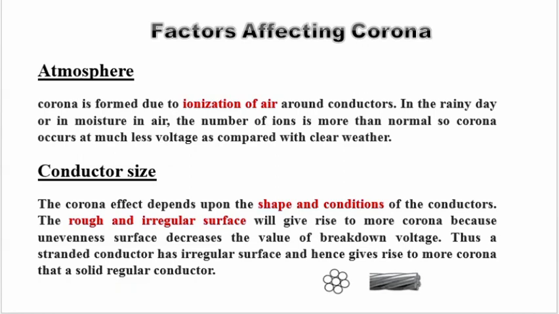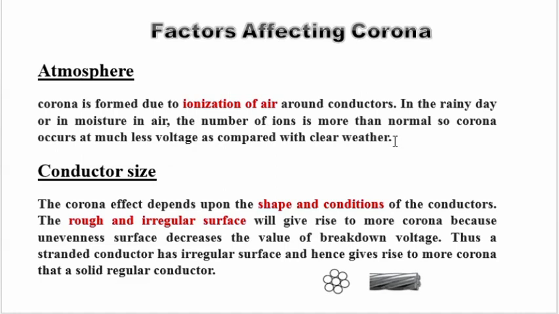First one is atmospheric condition. Corona is formed due to ionization of air around the conductor. On a rainy day or in moisture, the number of ions is more than normal, so corona occurs at less voltage as compared to clear weather.